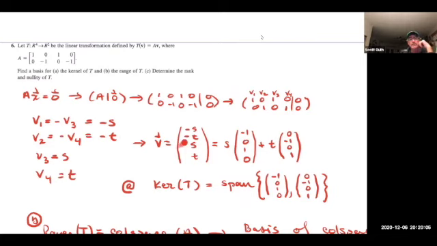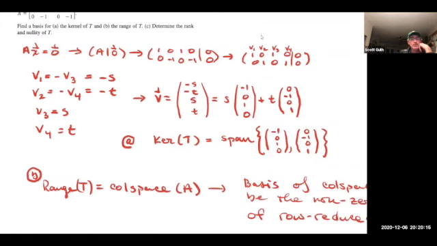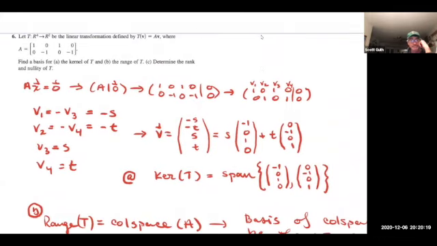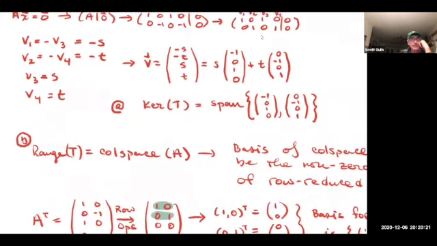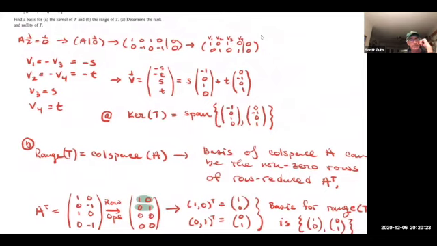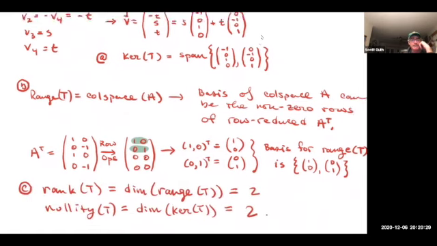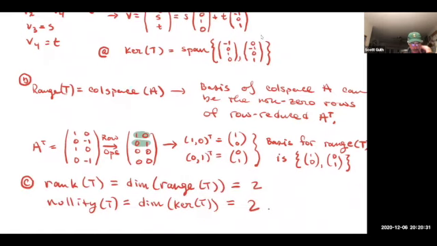So here's my vector, negative S, negative T, S, T, which I split up into two independent vectors so that the kernel is spanned by those two vectors. Okay, that's two-dimensional, so the nullity will be 2. Now the range of T, as you probably remember, is the column space of A. And so I like to find a basis for the column space by row reducing A transpose.